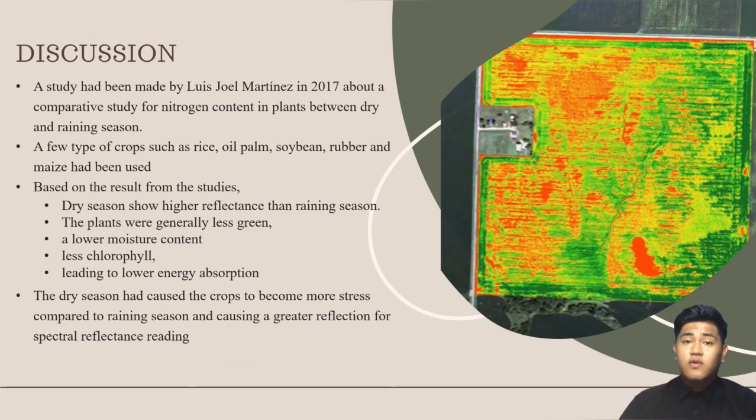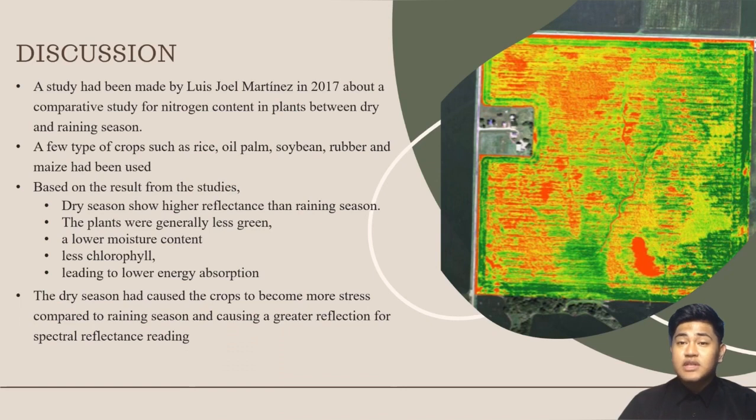Based on the result from the study, it shows that there was a higher reflectance in the visible range of spectrum for dry season compared to the wet season, because the plants were generally less green with a lower moisture content and with less chlorophyll, leading to lower energy absorption and showing greater reflection. The dry season caused the crops to become more stressed compared to rainy season.